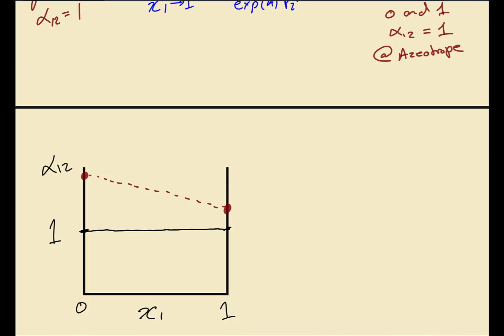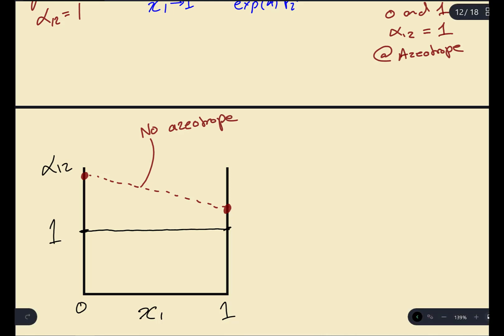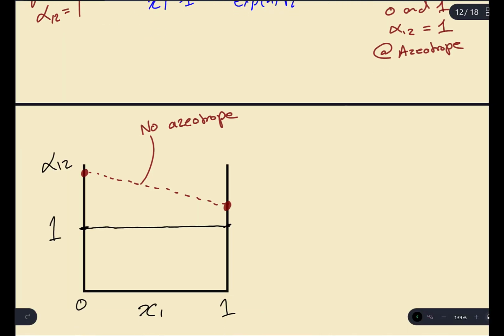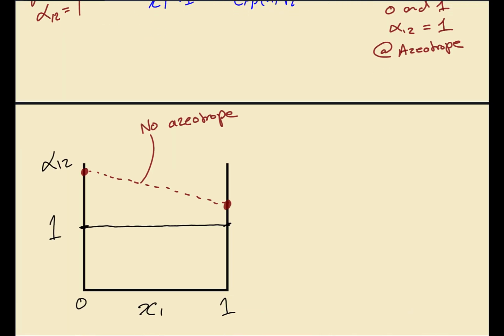Okay? This means they never cross the 1, meaning there is no isotrope. But in the case that we had here, at 0 it was 2, and at 1 it was 0.2. So let's say it was somewhere here, and then maybe somewhere here.